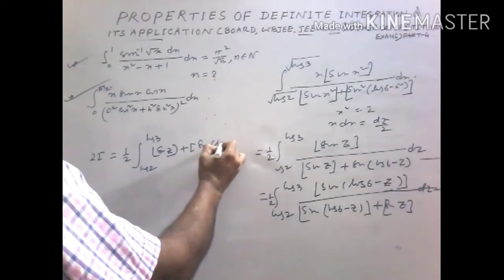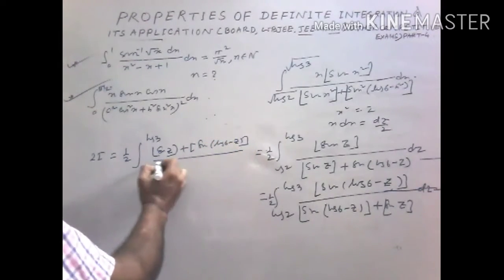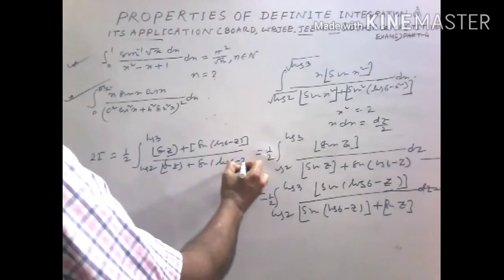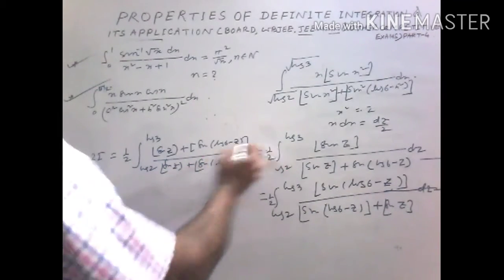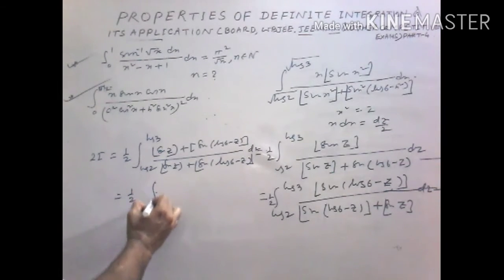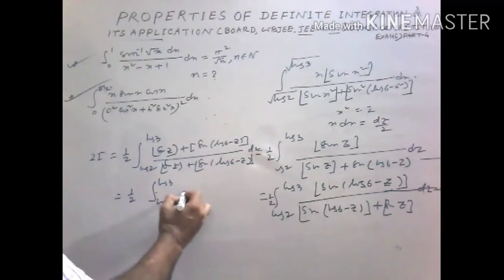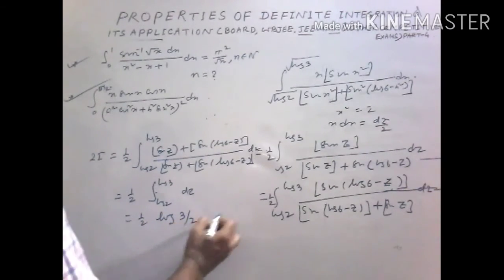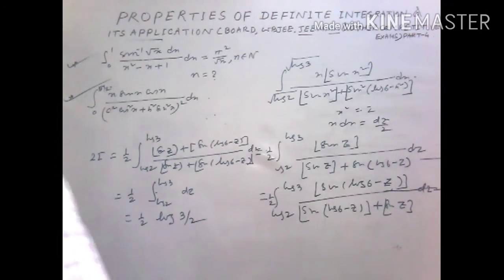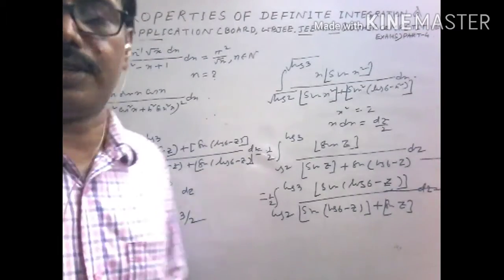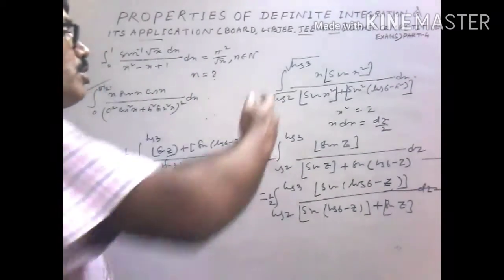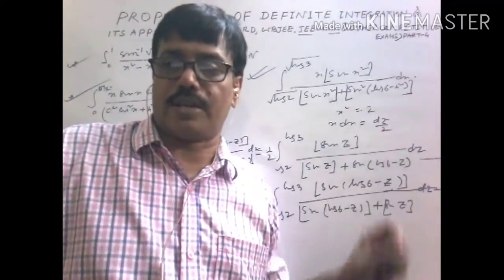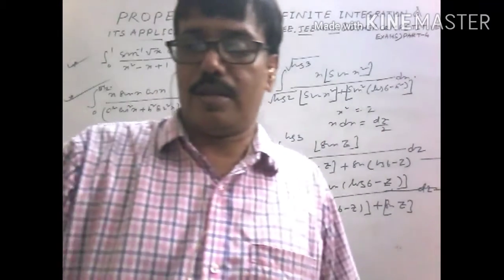Sin z, sin of log 6 minus z, third bracket, sin z plus sin of log 6 minus z, third bracket. So this is half of the integration log 2 to log 3 dz. So half of log 3 by 2. Then calculate I. So look, it is simple, but you need some trick.